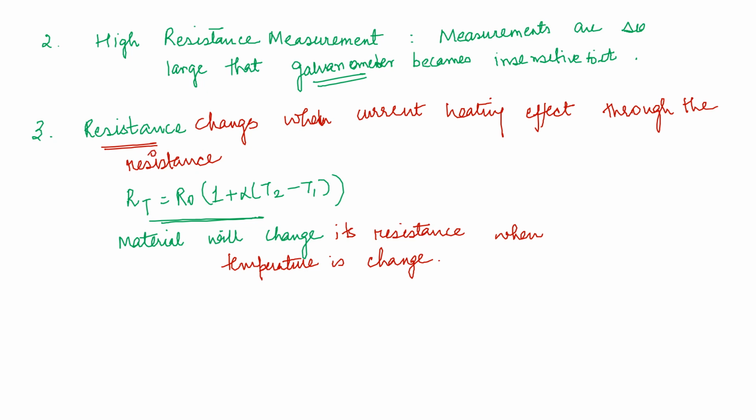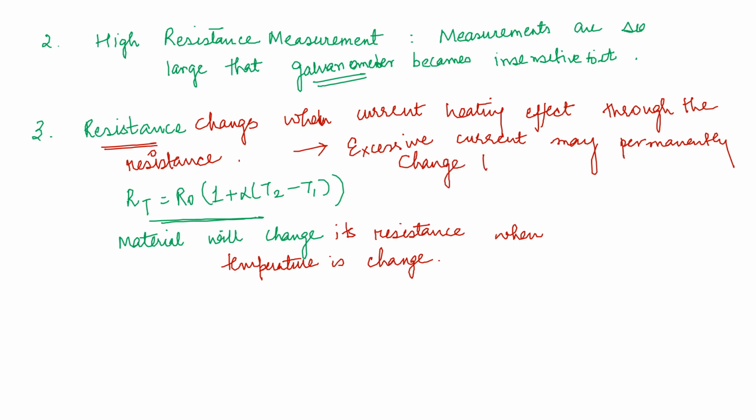Excessive current may even cause a permanent change in the value of the resistance. If excessive current is passed, it may permanently change the resistor value. Okay, and this can also happen. So we cannot use the meter bridge excessively and continuously.